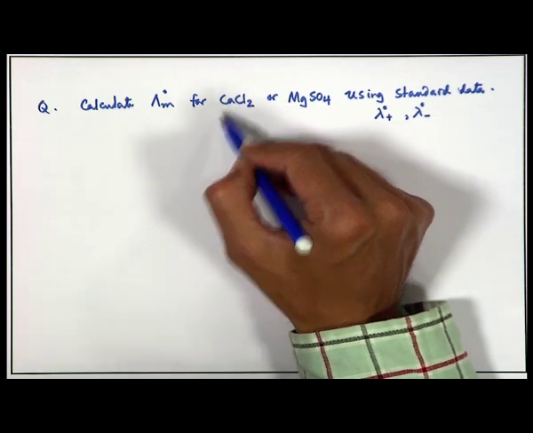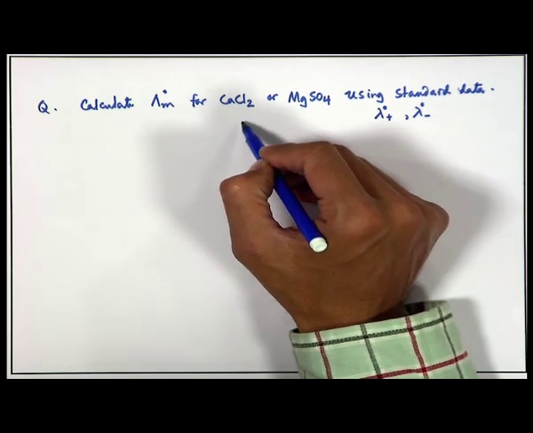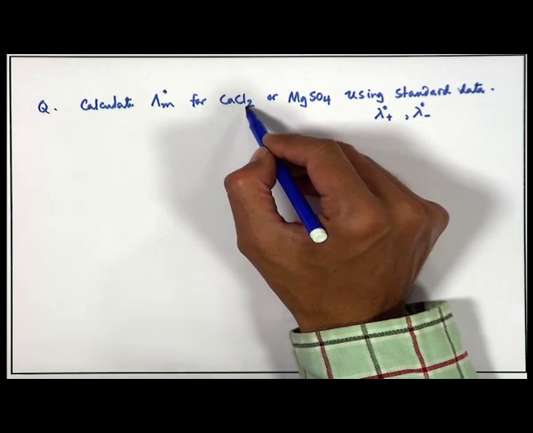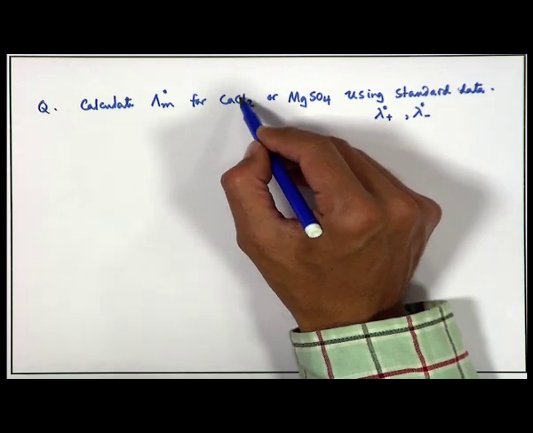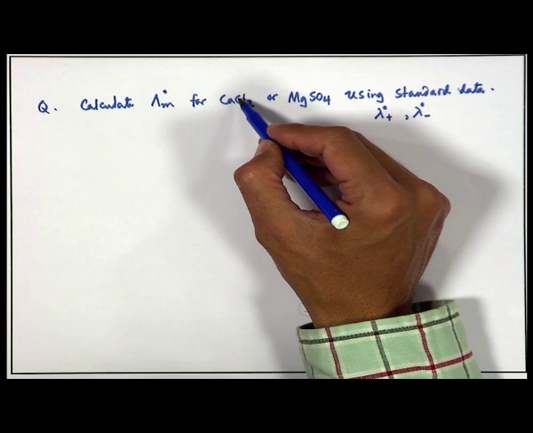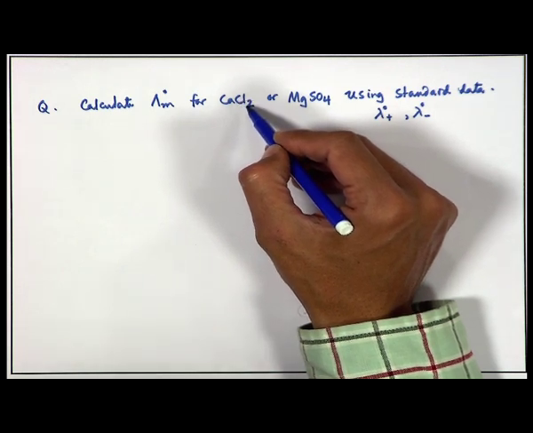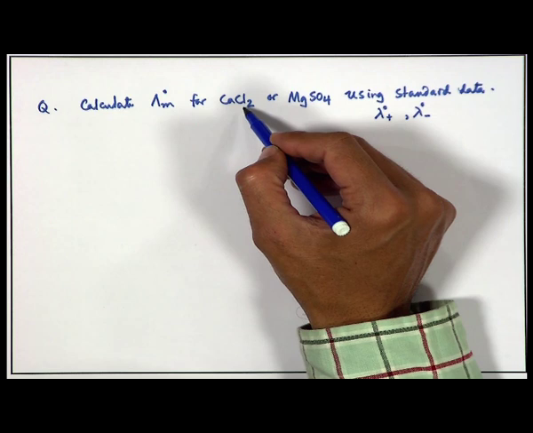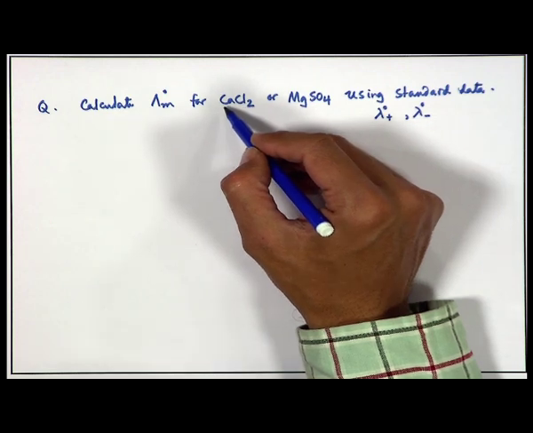If it is sodium chloride, then 1 sodium is there with 1 chloride; here 1 calcium is there with 2 chloride ions. So the contribution from chloride will be double compared to the contribution from calcium.